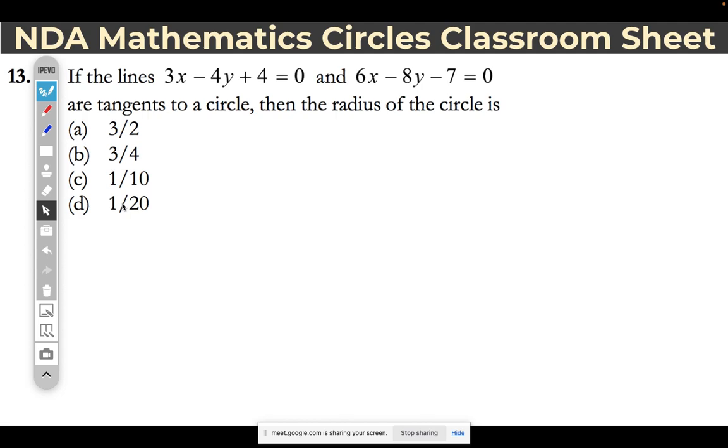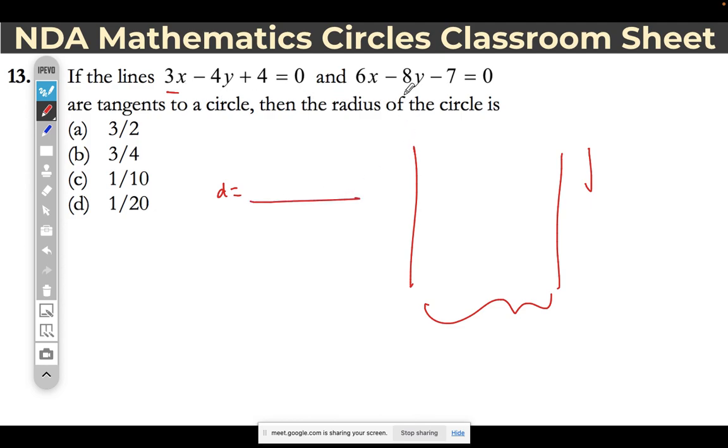Mahesh is there. No one answering. It's very simple. The lines this and this, are these parallel lines? Yes, sir. What is the distance between them? Quick. First we make both the lines look same.